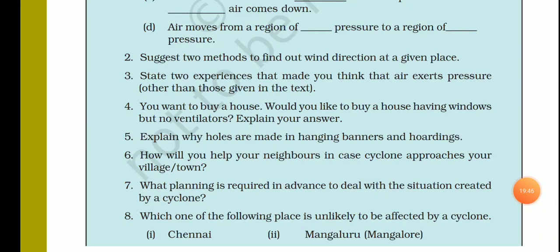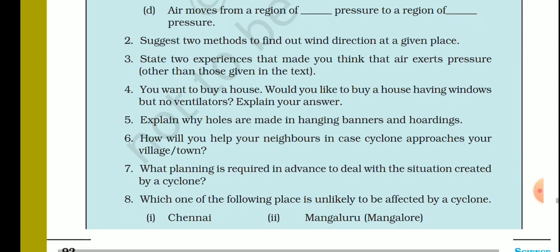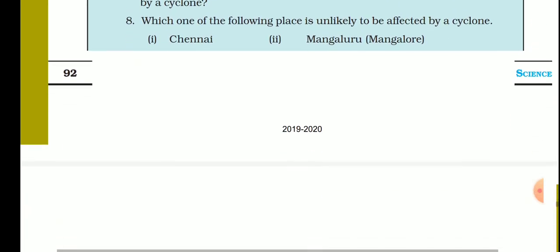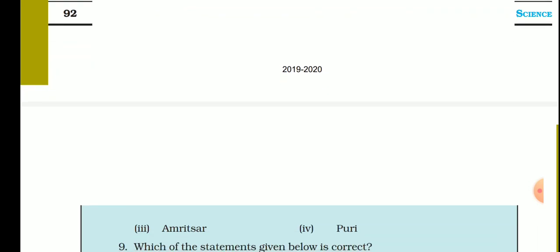Now question number 8. Which one of the following places is unlikely to be affected by a cyclone? Okay, read the question. Unlikely means the chances of cyclone are very rare, very less. First Chennai, second Mangaluru, or you can say Mangalore, third Amritsar, and fourth Puri.